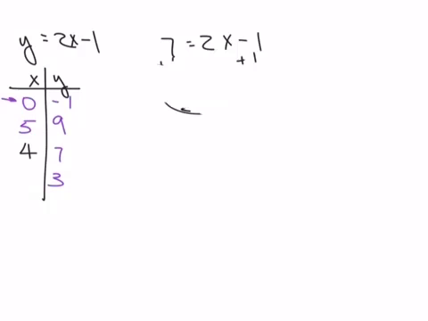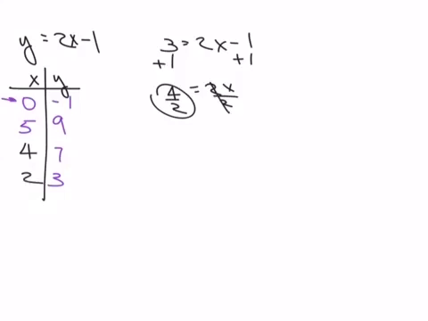Okay, so we'll keep going with this. So if y is 3, we're going to add 1, so I get 4 equals 2x, divide by 2, x is 4 over 2, which is 2. And we put that in there.